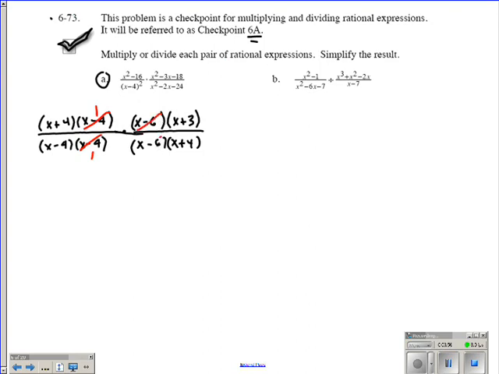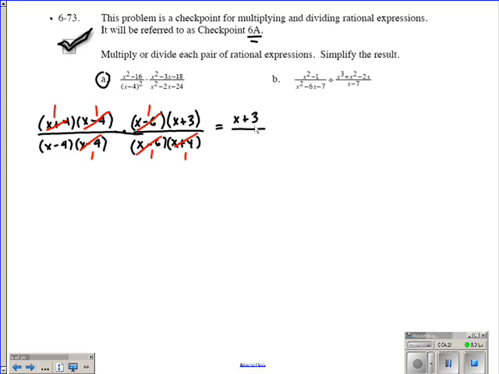When I divide them, I get 1. I have an x plus 4 here and an x plus 4 here. So when I divide each of those, I get 1 as well. So I've got 1 times 1 times 1 times the quantity of x plus 3. So that should equal x plus 3.